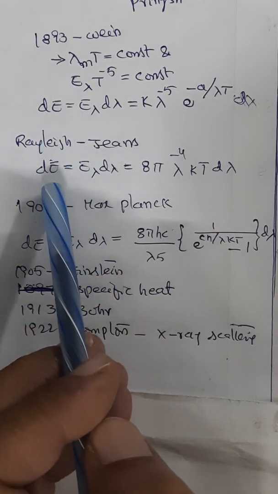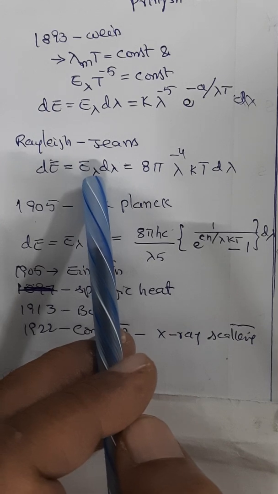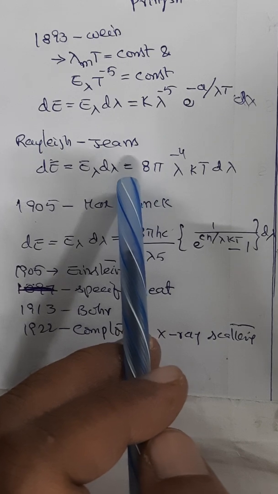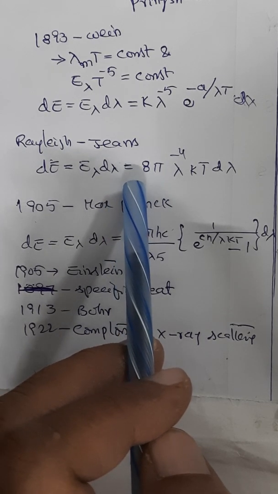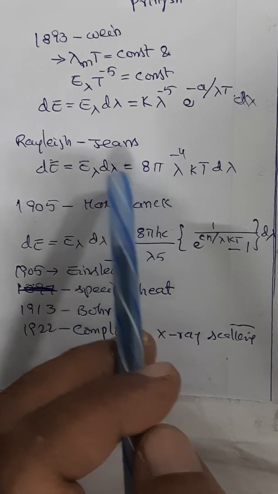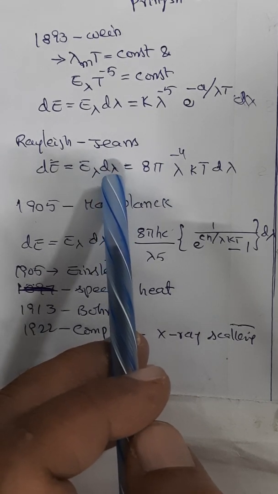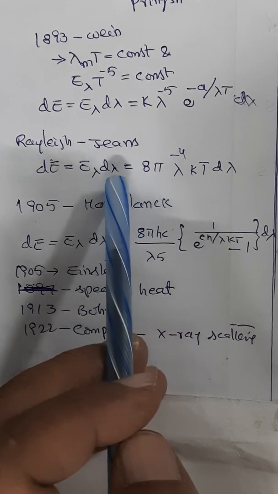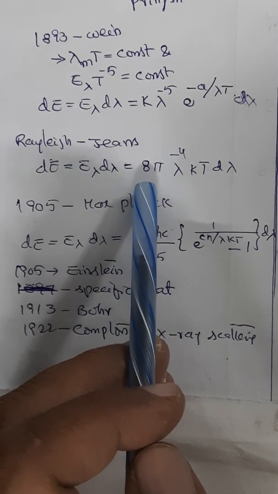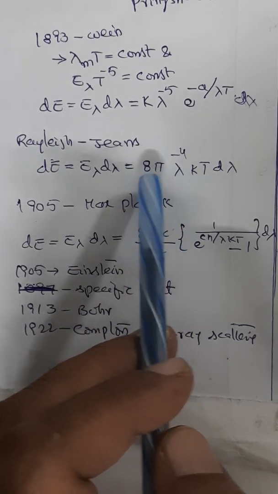So according to the Rayleigh-Jeans formula, the value of E_lambda at a given temperature increases rapidly as lambda decreases and approaches infinity for a shorter wavelength. That means this is not true. This is found to be not true.